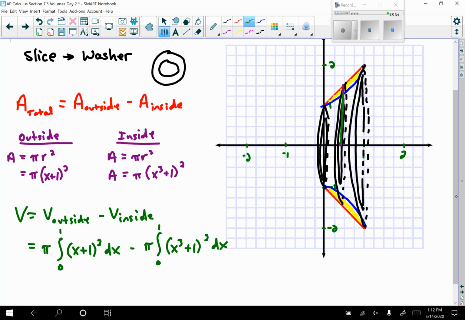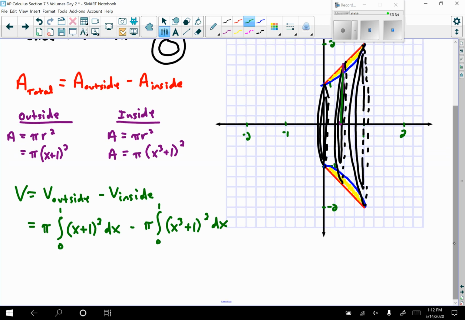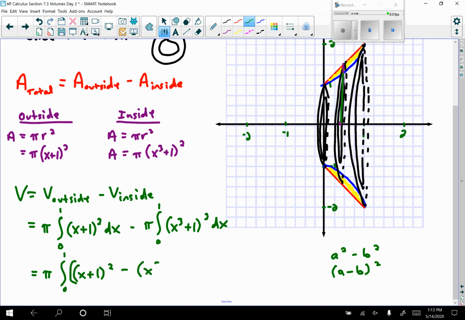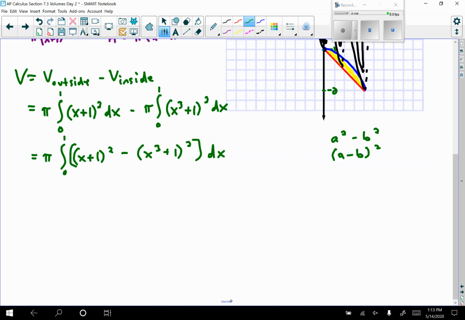Because the limits of integration are the same, we can just write this as pi times the integral 0 to 1. Keep in mind here, a squared minus b squared is not the same as a minus b squared. So I still have to keep this as the quantity x plus 1 squared minus the quantity x cubed plus 1 squared dx. Now what we can do, we are going to go through this by hand and just expand both of these.